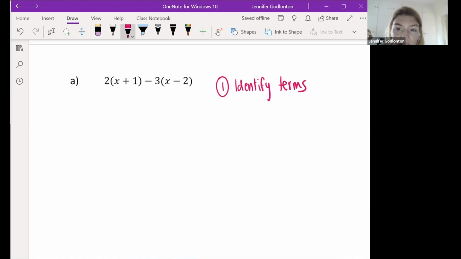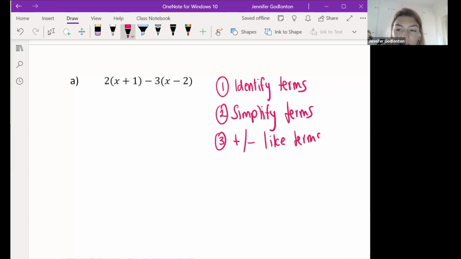The second thing is simplify your terms. The third thing is add and subtract like terms. Okay, and when you have your answer, pop it in the chat and we will talk through what you have. So one step at a time.